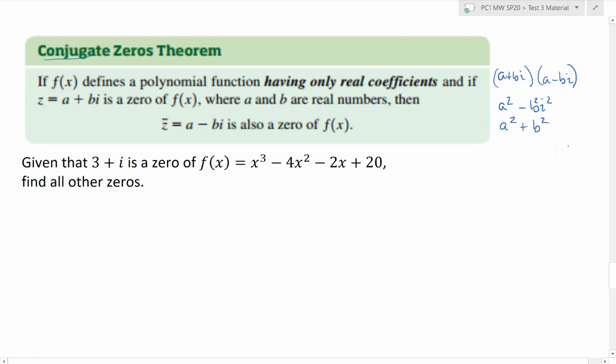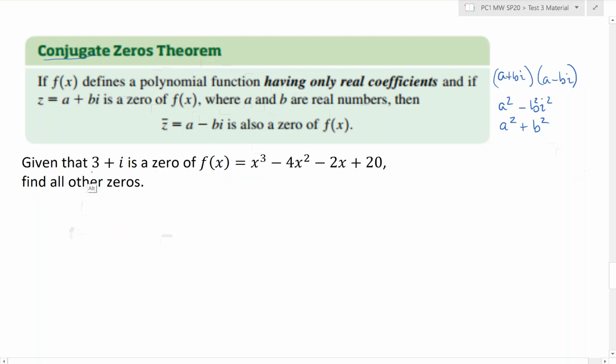The i completely goes away, it resolves itself, and that's how those conjugates work together to make sure that your original polynomial function has only real coefficients. If you have a complex zero, then you have to have its conjugate as a complex zero as well, if that polynomial has real coefficients.